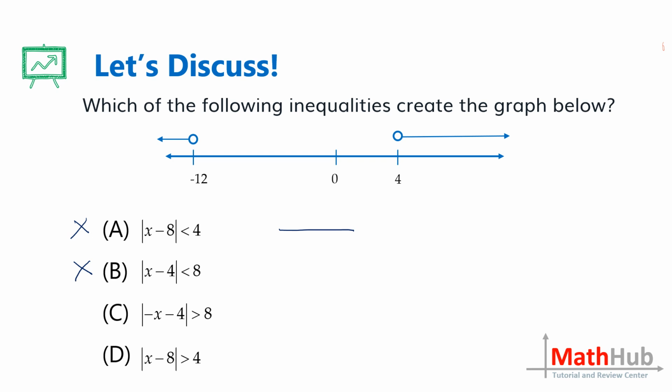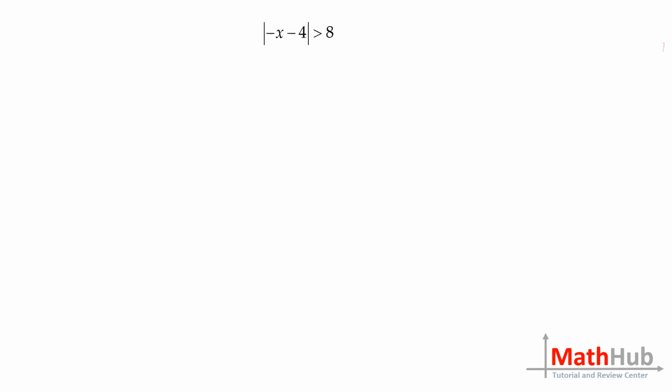Now let's take a look at C. Let's see whether the solution set of this one is represented by the graph given above. Since it's greater than, it will be divided into two.